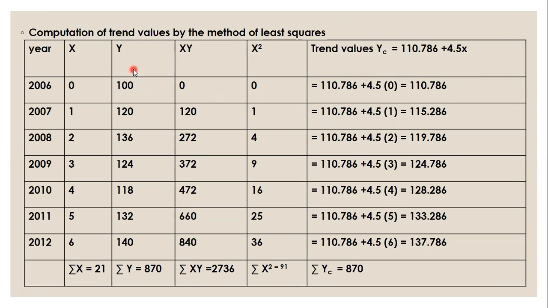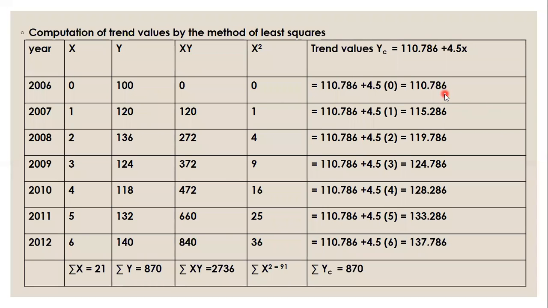If they ask you to draw the graph, first plot all the y values. The x axis will be years, and the y axis will be the values of y, and then we will plot the trend values that are given to us. Now if you see, they are very close to each other.